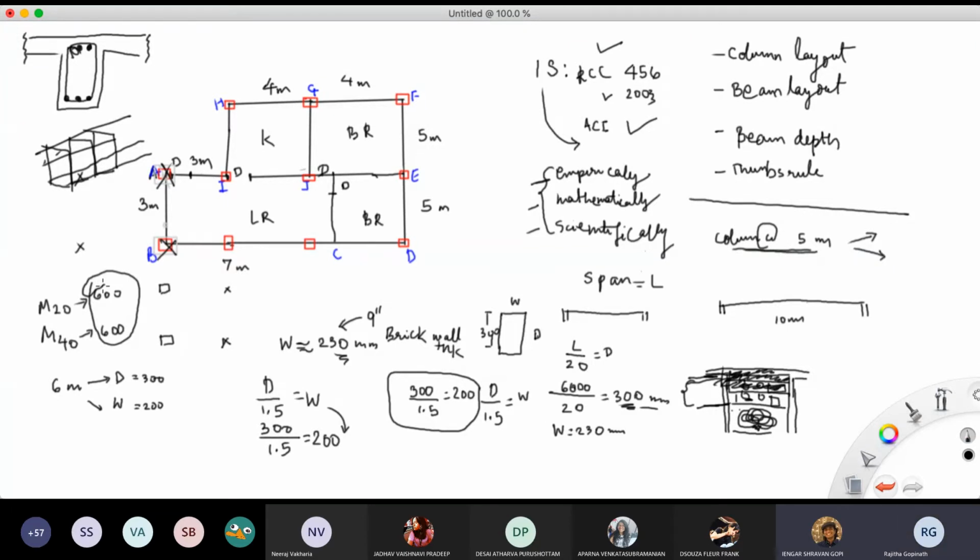If I have constant depth and span and I keep changing the width, will more than 200 be weaker, or is it the thicker the better or the thinner the better?